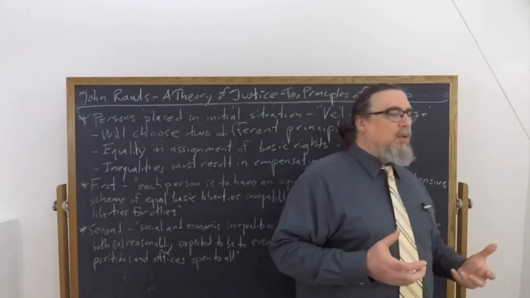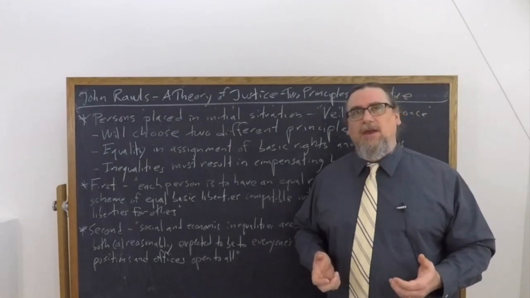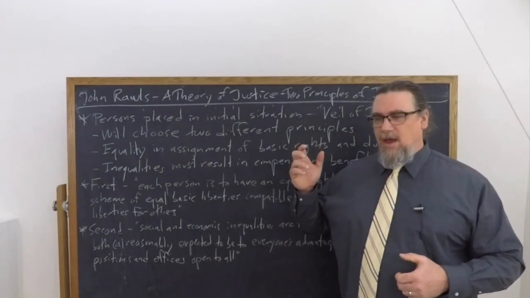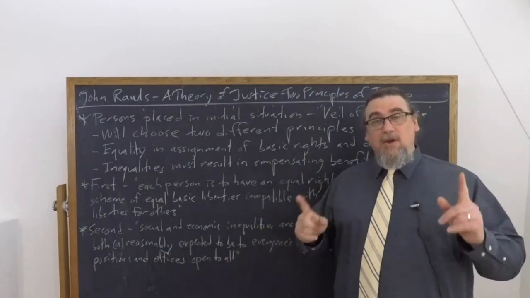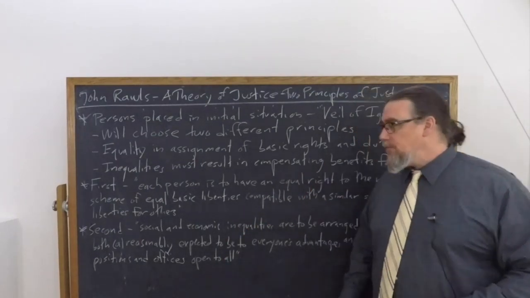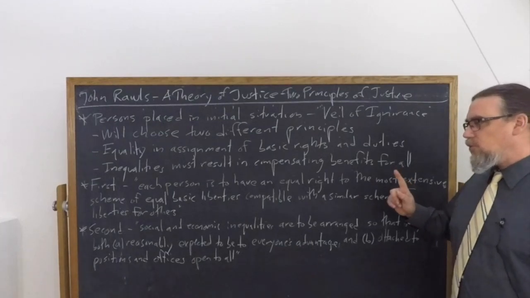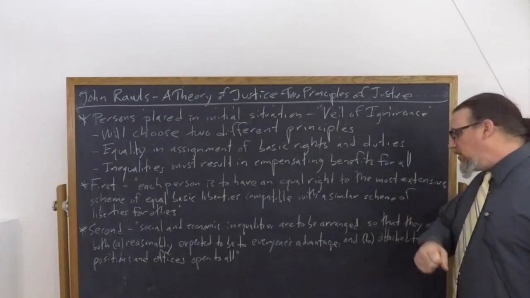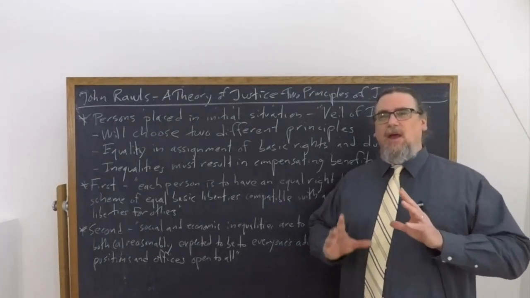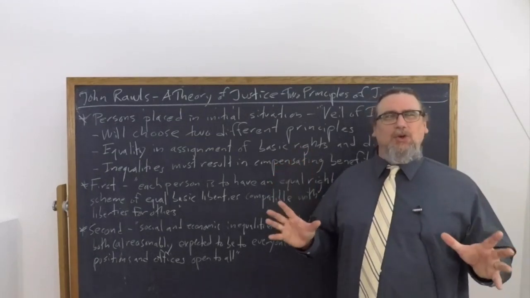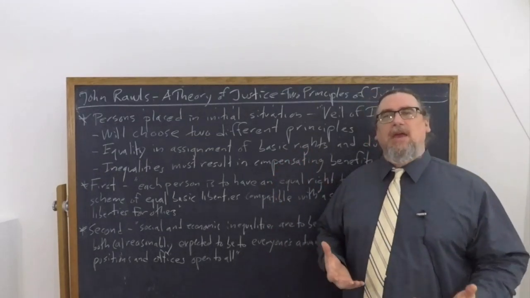He would say, no, we can have inequalities. You can pay doctors more than street sweepers, but you've got to have some reasons for it. So one of the reasons is it's reasonably expected to be to everyone's advantage. Now notice, he doesn't say we know with 100% certainty. No, reasonably expected.